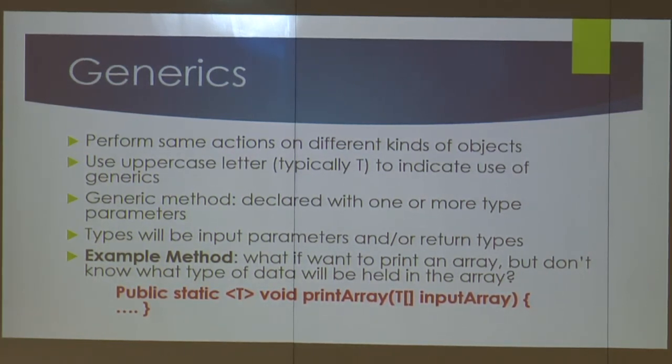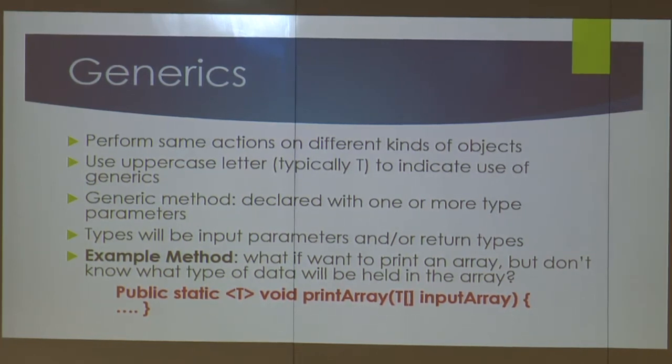So we could have some kind of method where we don't know what the return type or the type of data is going to be, so we use that capital T there to delineate, hey, I'm generically printing out this array. Don't exactly know what type of data it's going to be, but I want to let you know I'm going to be printing it.